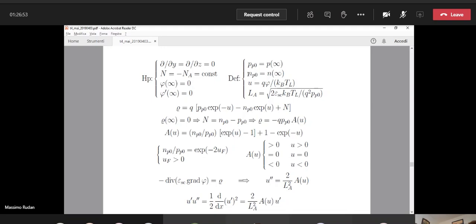This length is called the Debye length for the holes. Its definition, as you can see in the page, is the square root of 2 times the permittivity of the semiconductor times kT divided by q squared p p0.